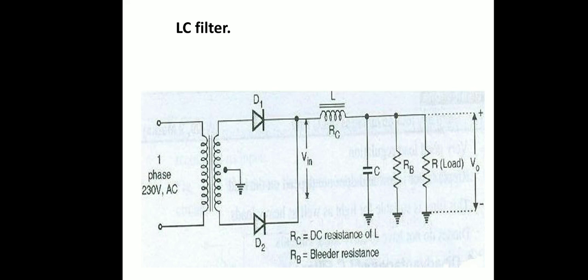The LC inductor input or L section filter consists of an inductor L connected in series with a half or full wave rectifier and a capacitor C across the load. This arrangement is also called a choke input filter or L section filter because its shape resembles an inverted L shape.